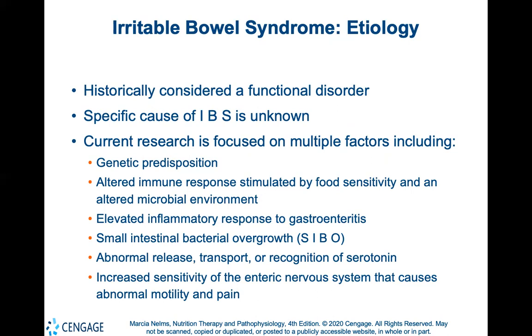Some current research is focused on multiple factors, including genetic predisposition, altered immune system response stimulated by food sensitivities, elevated inflammatory response to gastritis, small intestinal bacterial overgrowth, abnormal release, transport, and recognition of serotonin, and increased sensitivity of the extrinsic nervous system that causes abnormal motility and pain.